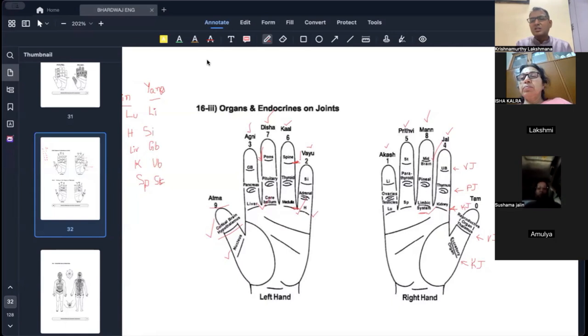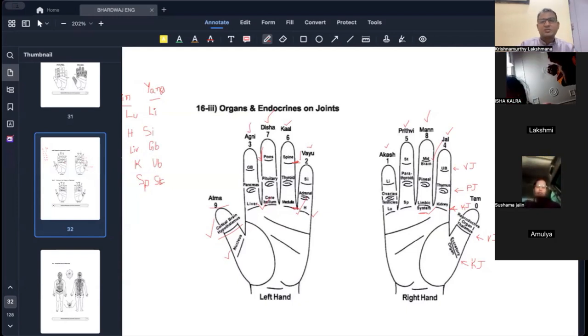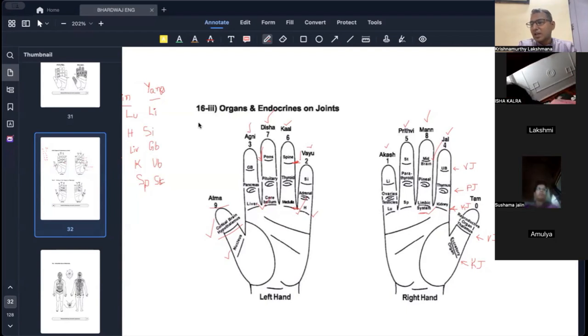And the 0 is that from which all the other numbers come. Right? So 0 is something from which all the other things come. Thumb is the origin. Right?